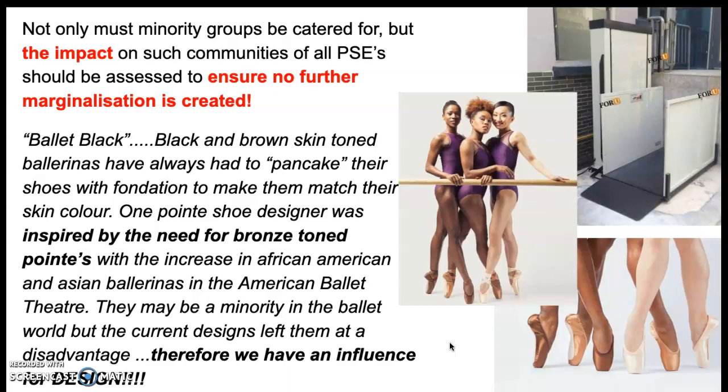They weren't able to access what they needed with the same ease as white people. And so they're at a disadvantage. So therefore, we have an influence for design. So egalitarianism, designing for minority groups.